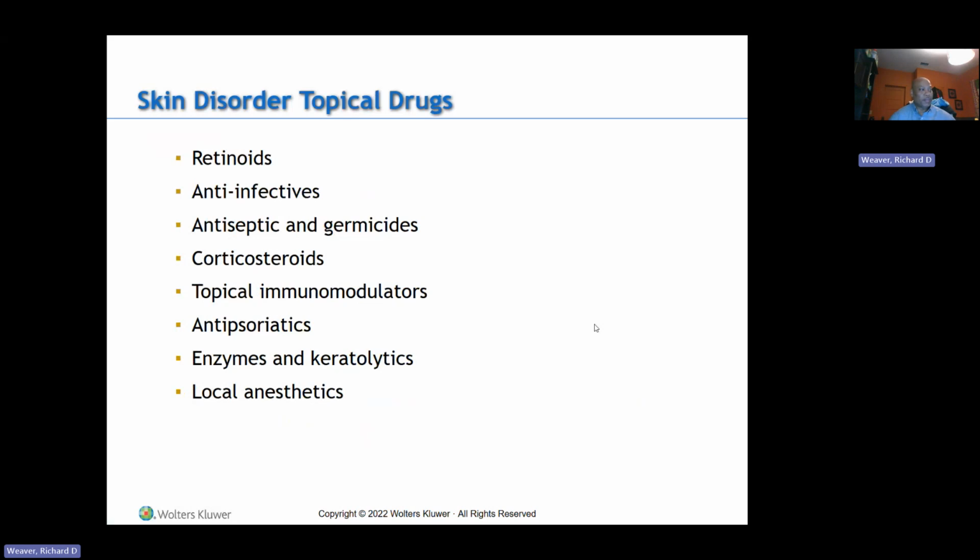And so we are dealing with drugs that work against psoriatic disease, a very severe skin disorder. Enzymes and keratolytics, and these basically break down, they destroy bad tissue, if you will, abnormal tissue. And also local anesthetics is something else that we use.